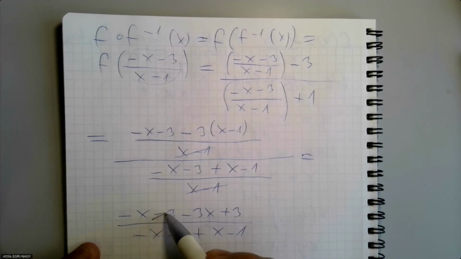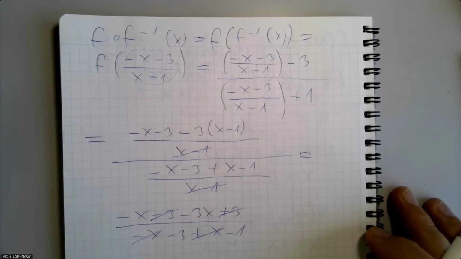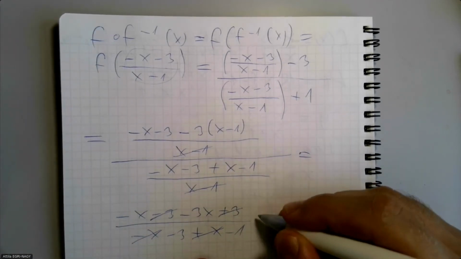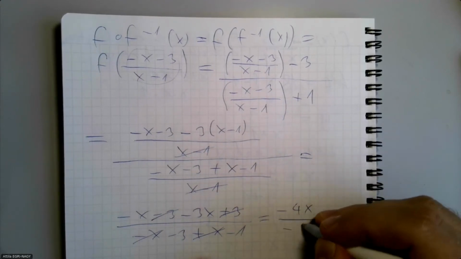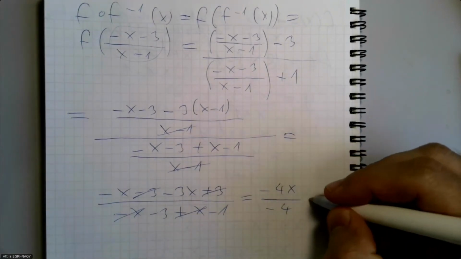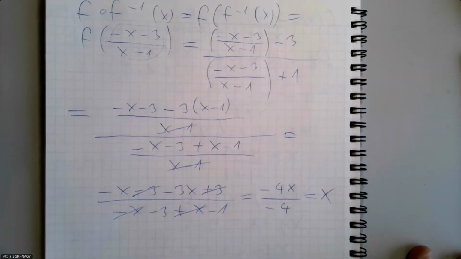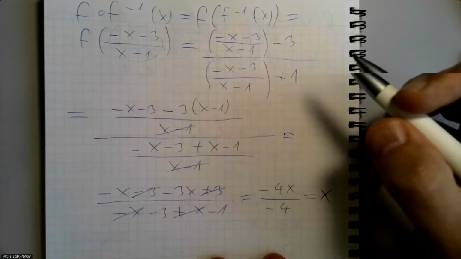Okay, so things start to fall out here. So I have negative 4 times x divided by negative 4, and yeah, we expect something like this, because it's gonna be just x here.